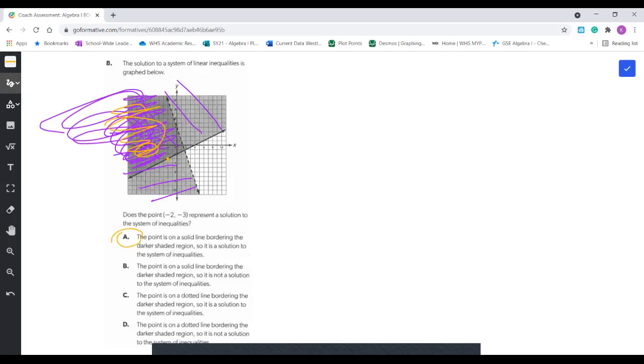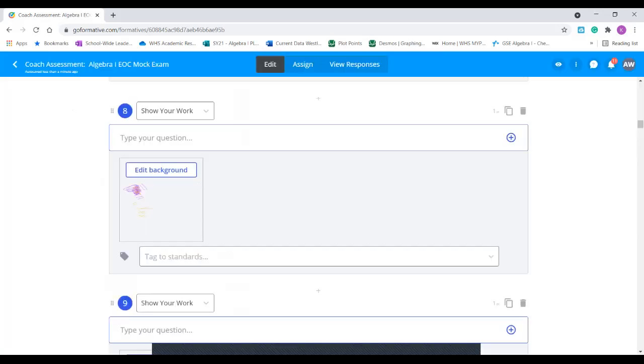Look at B, it says the point is on a solid line bordering the darker shaded. So that's not true. The point is on a dotted line, nope, that's not true. The only answer that's true is A. Moving on. Changing my color tool. Okay. Number 9.